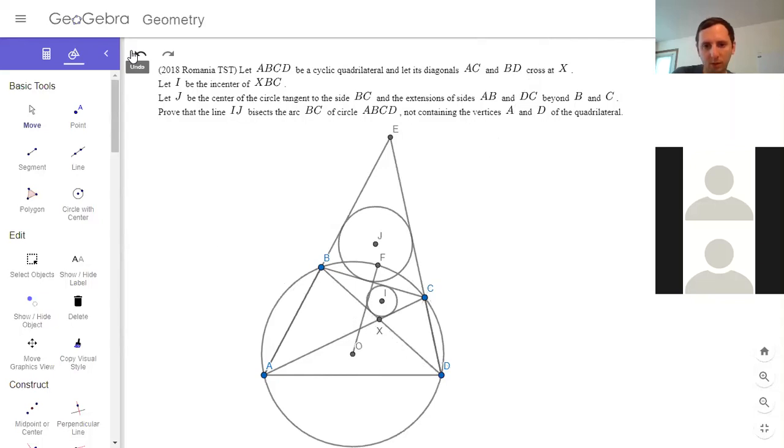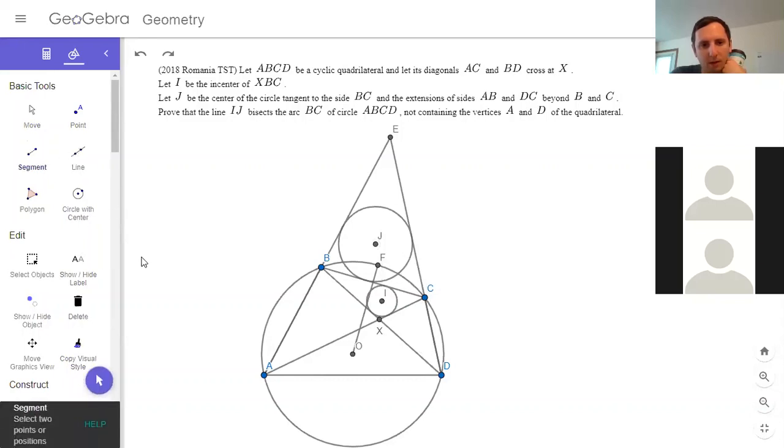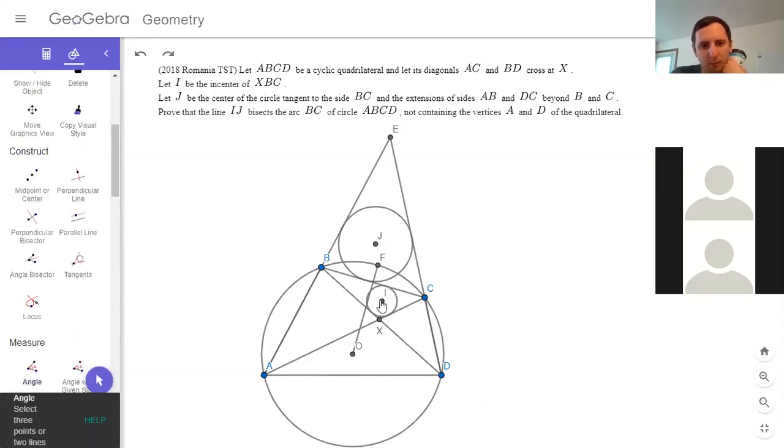I feel like angle IBJ and ICJ are equal. That sounds interesting. Let's see, I'll just use measure. Because if they are, I think it's likely an angle chase. They are, yep.